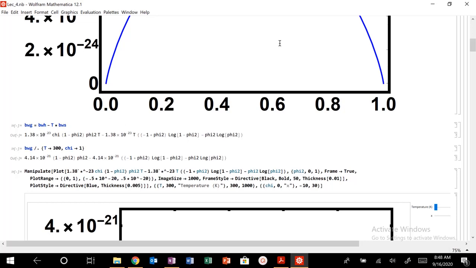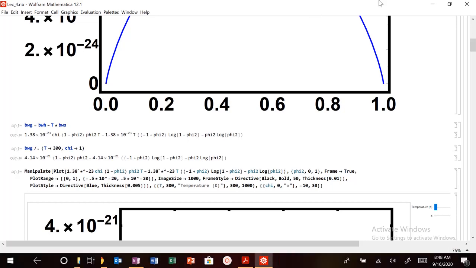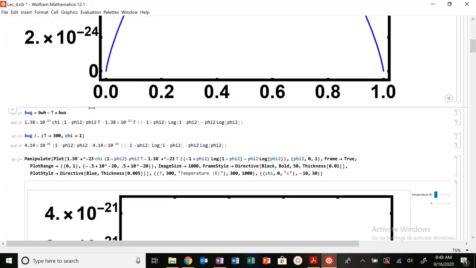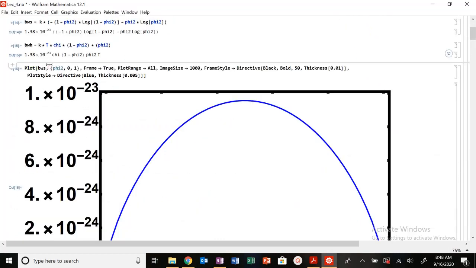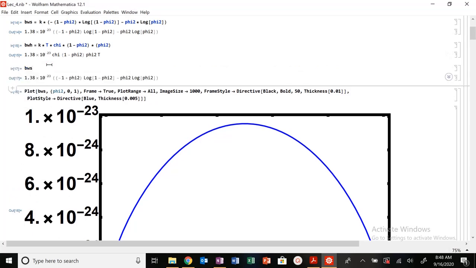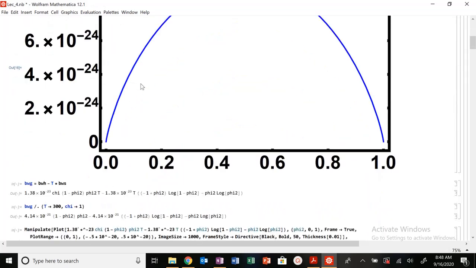If I want to prove that mathematically, I take my Bragg-Williams entropy expression, take the derivative with respect to phi2, set it equal to 0, and solve for phi2. We get 0.5. Kind of makes sense, right?